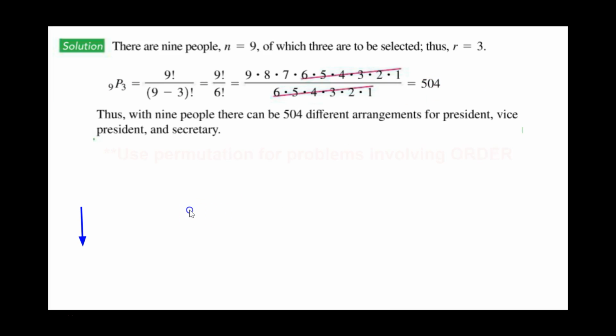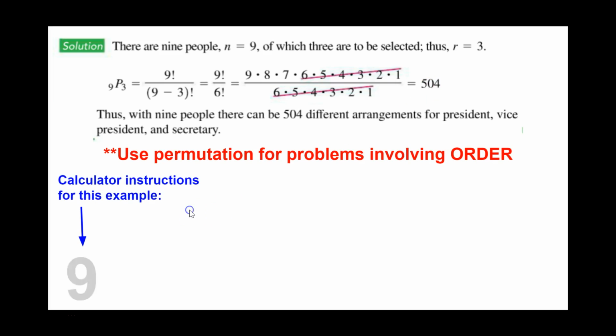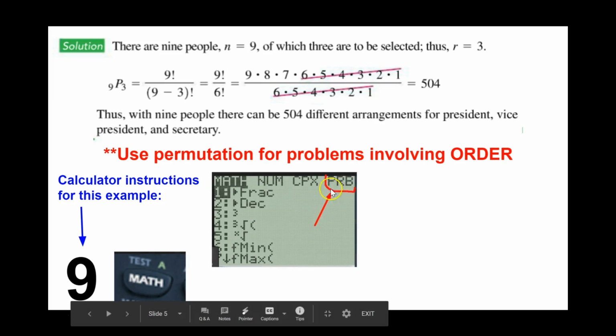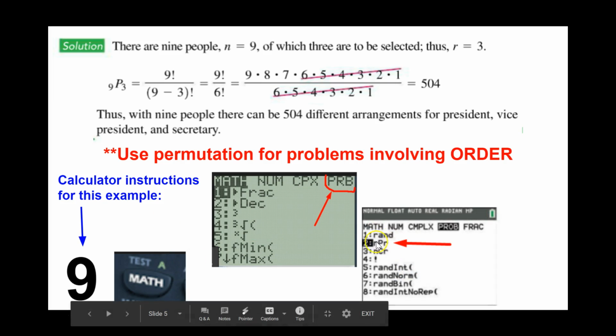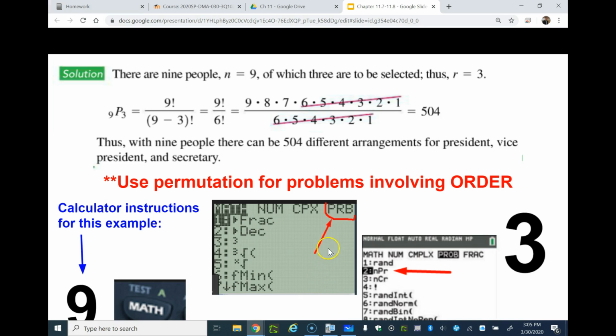So here are the steps on the calculator. We hit 9, math, again go over to probability, and this time we hit number 2, and then number 3. This is actually for the old style calculator. Let me show you the new style for those that have the upgraded advanced calculator.